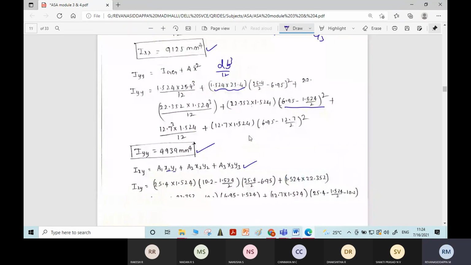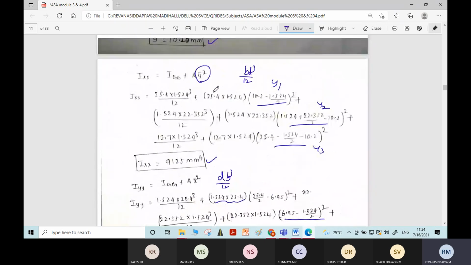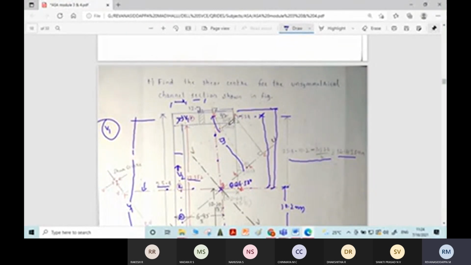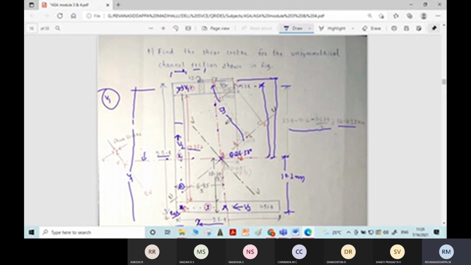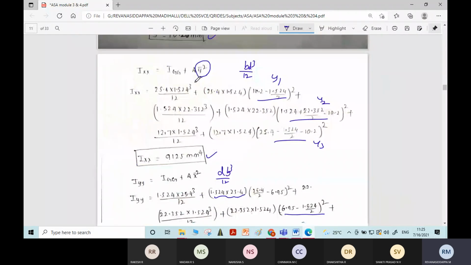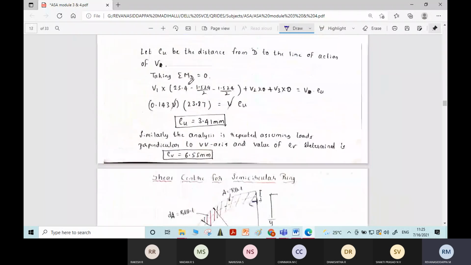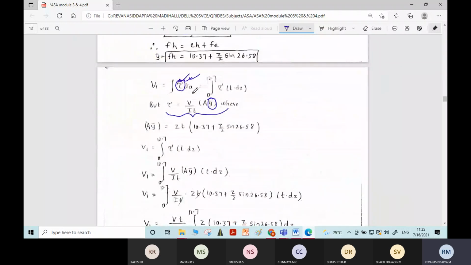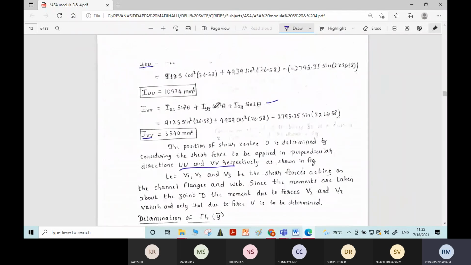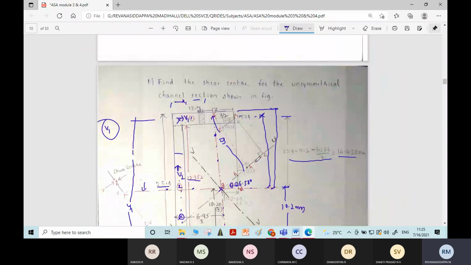Students, here we are determining the shear center, so the shear force should be calculated with respect to the U axis only. To find that V1 force, we use the basic principle, the integration of tau into dA, where tau is V by IT into A Y bar.